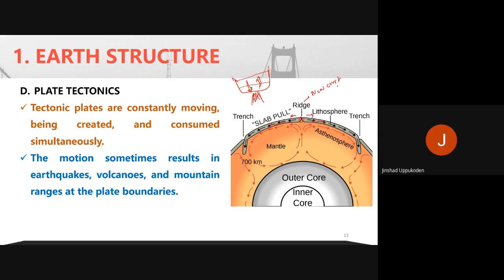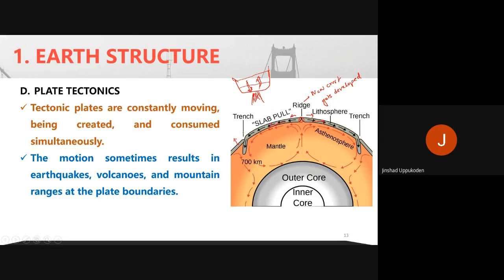New crust gets developed due to the cooling down of that lava. And in certain areas, this crust goes one below the other. You have one plate here, we call it a plate. Now I'll avoid the term lithosphere, I'll call them plates. You have one plate here and another plate here.